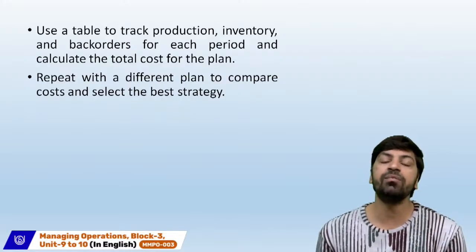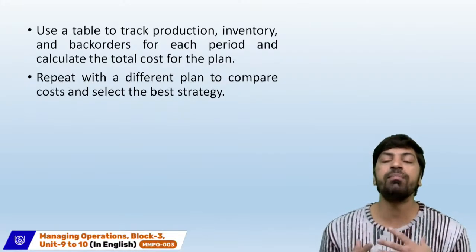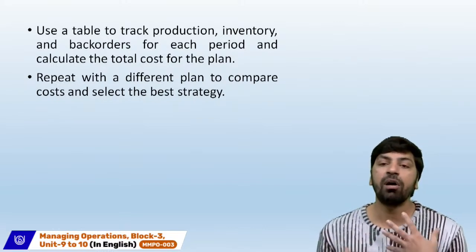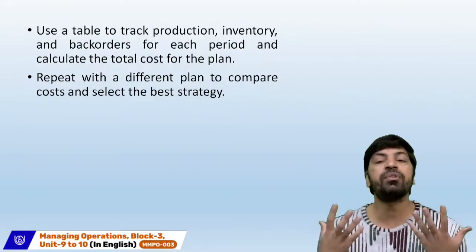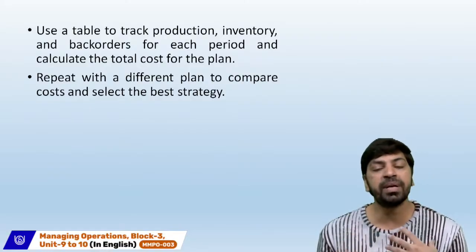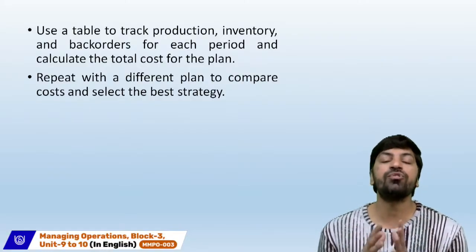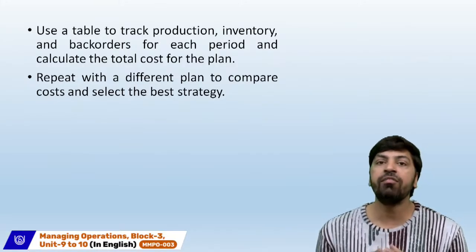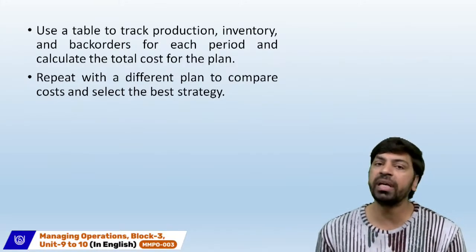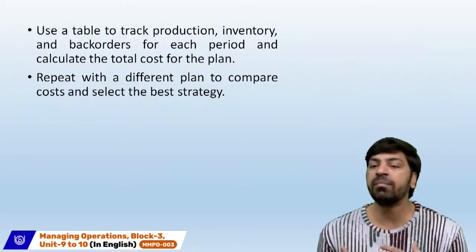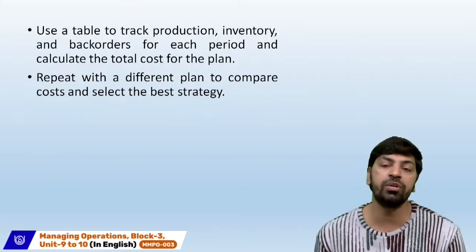Next, once we choose the most appropriate strategy for the aggregate production plans, the next step is to use a spreadsheet table to track the production, the inventory, and the back orders for each period, and accordingly calculate the total cost for the plan. Because ultimately we need to find the low cost plan.